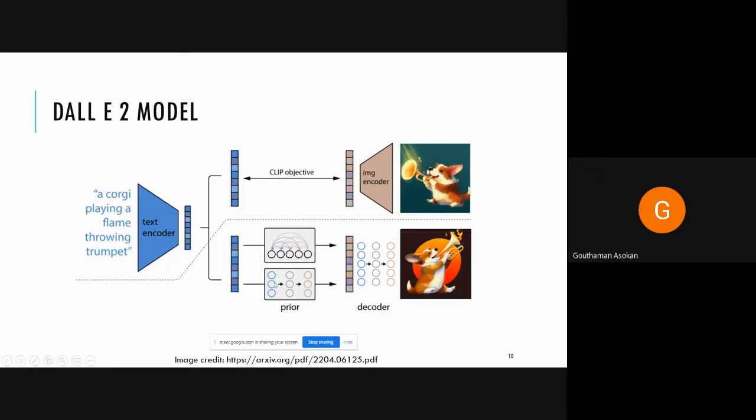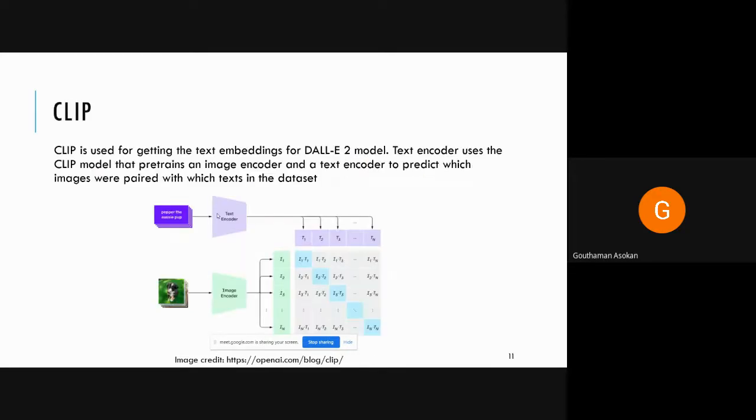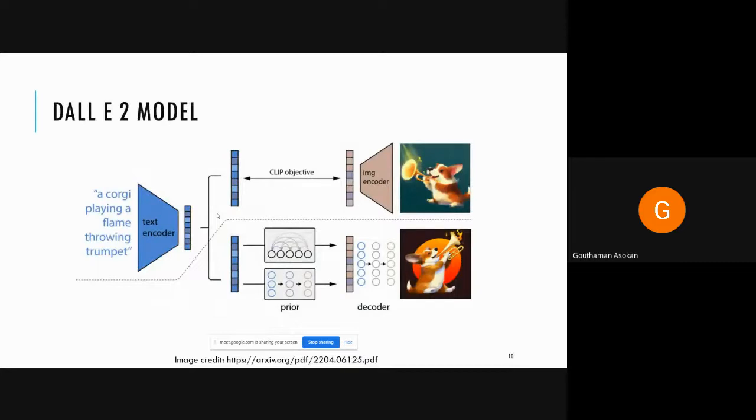The diagram below the dotted line is what essentially DALL-E 2 is, and the part above the line is how the CLIP model is being trained. I'll complete how the CLIP model is being trained, and then we will see how the DALL-E 2 model works.